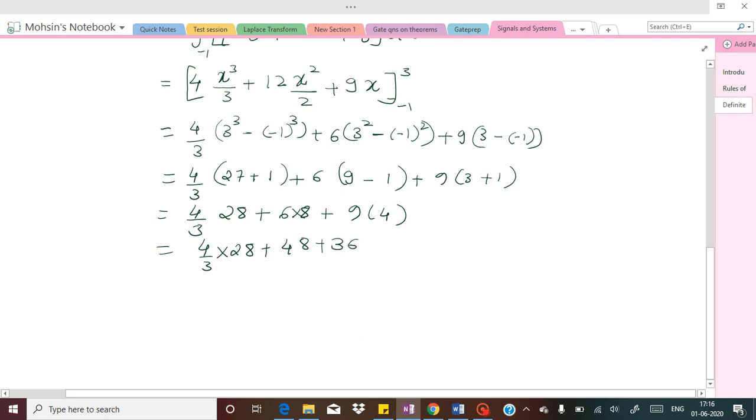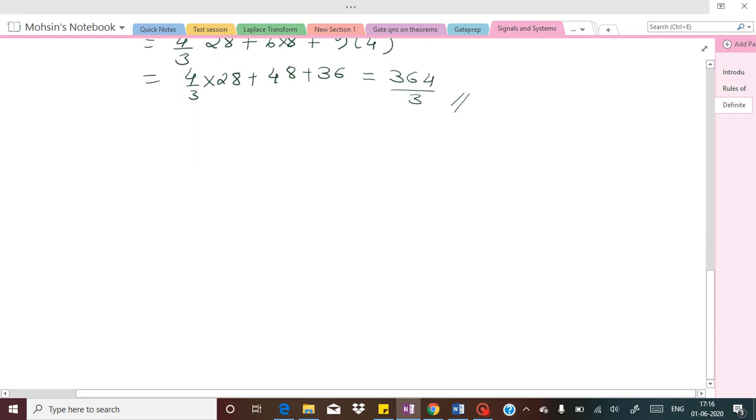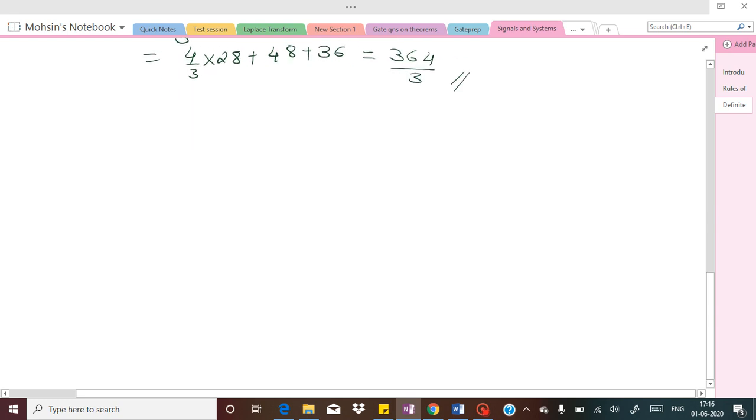Simplification of which will result in 364 divided by 3, so you can do that addition, and also by taking 3 as the common denominator we get this result.